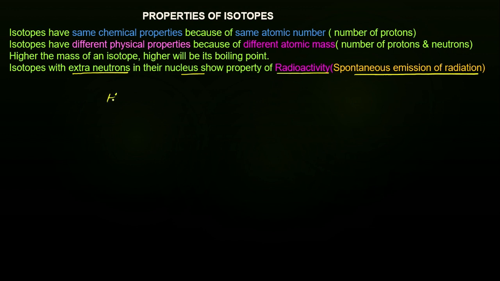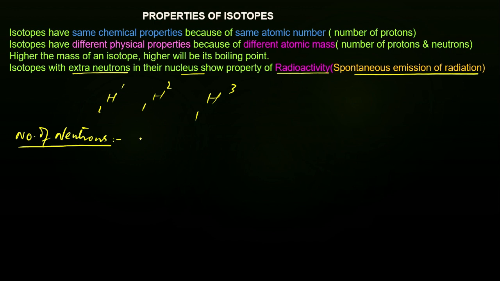Say for example, in case of 1H1, 1H2, and 1H3, if we try to figure out the number of neutrons, this is also very important. I have shown you a method in previous videos how to calculate the number of neutrons, when we discussed atoms or symbols of atoms.